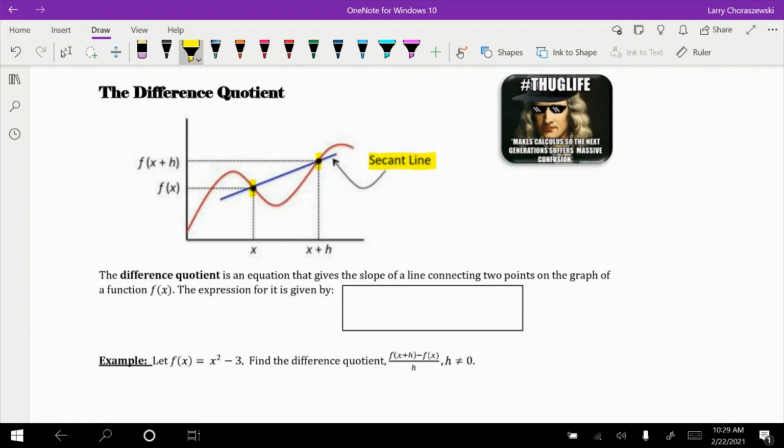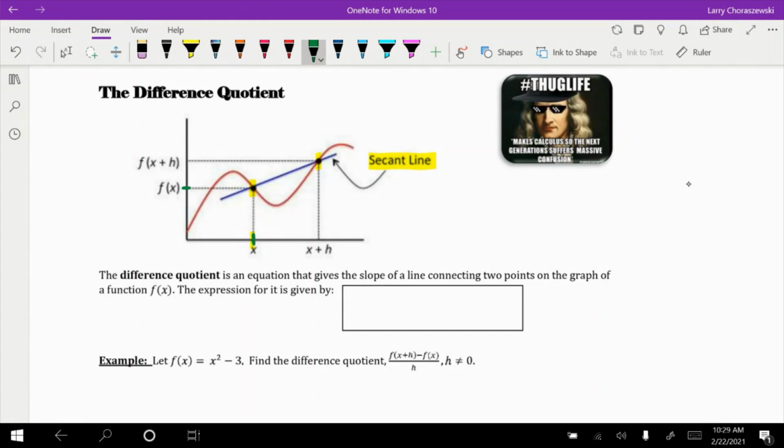And if we look at the x and y coordinates that are represented on the axes, the lower point has an x coordinate of x. I'll mark it this way. And to get the y value, remember we plug these inputs into the function and what they simplify to give us the outputs. In this case, generically speaking, the output would be f of x.